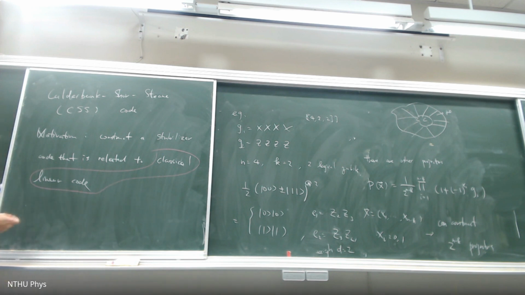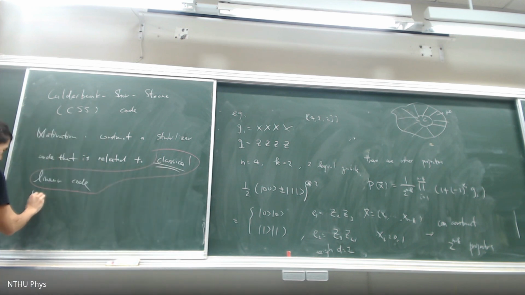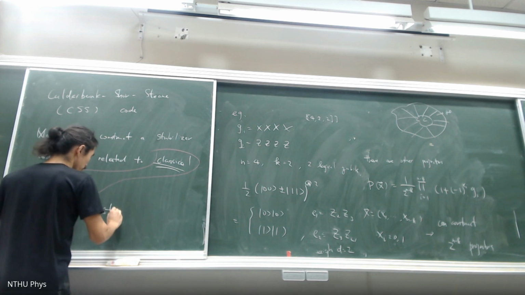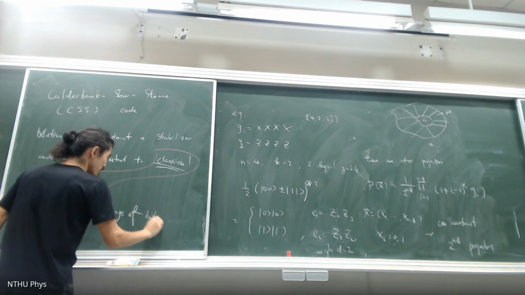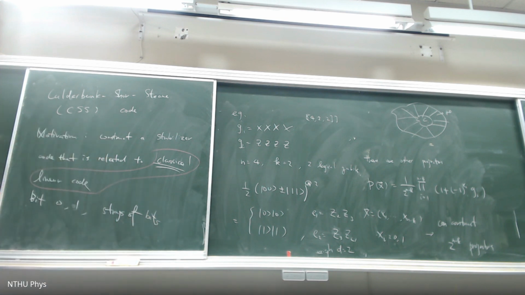So a classical system would have a bit, 0 or 1. We have strings of bits that contain some message. We call it a binary string.